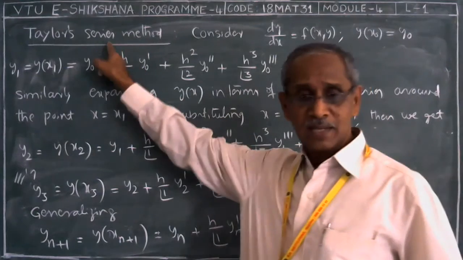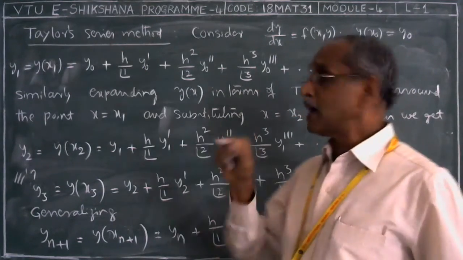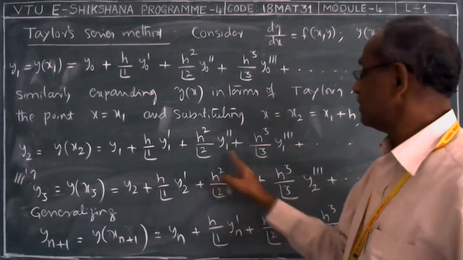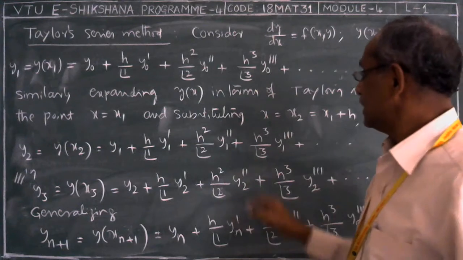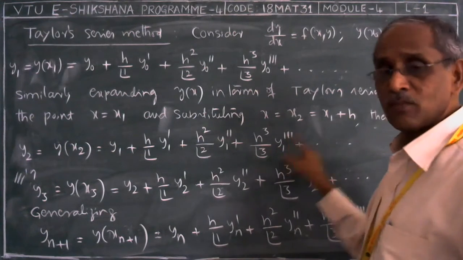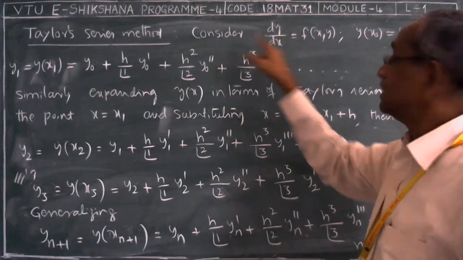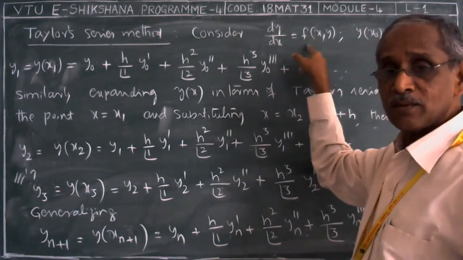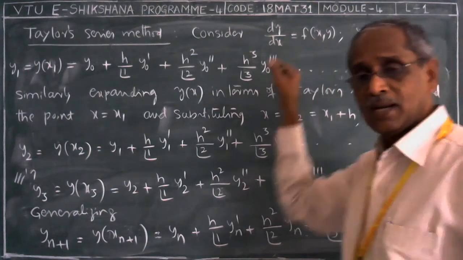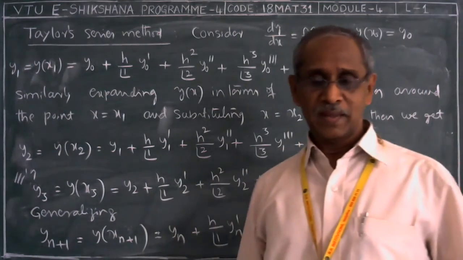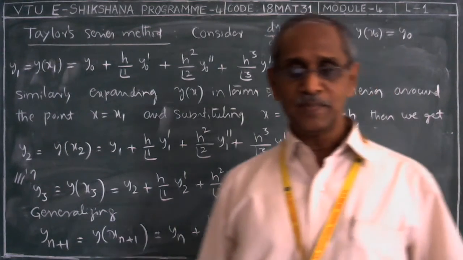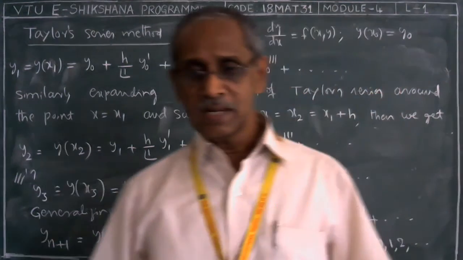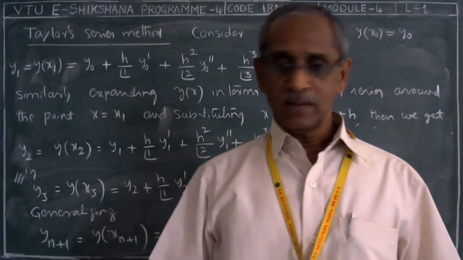This method works well as long as the successive derivatives, because you have to calculate the first derivative, second derivative, third derivative, fourth derivative, etc., are determined easily. Otherwise, it will become a cumbersome, lengthy problem. So let me consider a few examples on this Taylor series method.